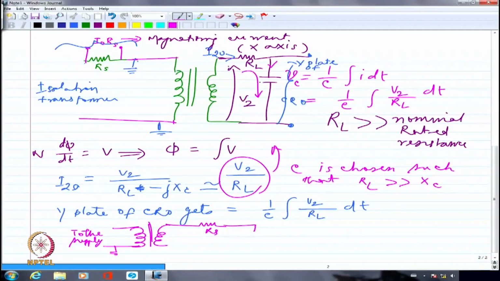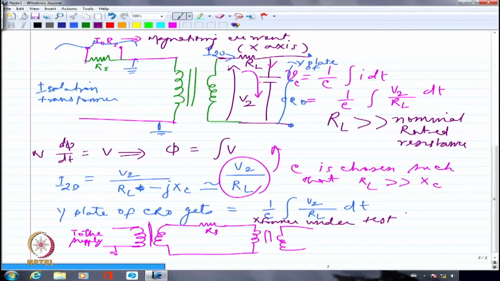So this is the transformer under test, whereas this transformer will be the isolation transformer. Got it?